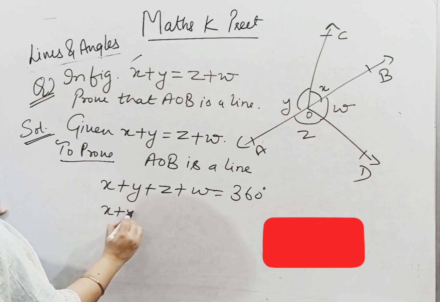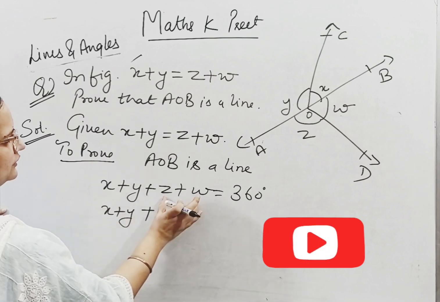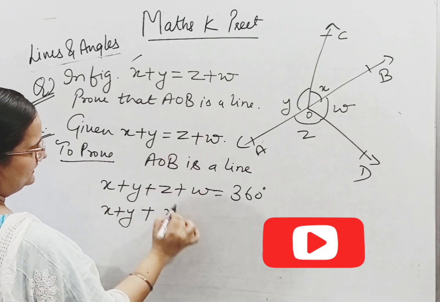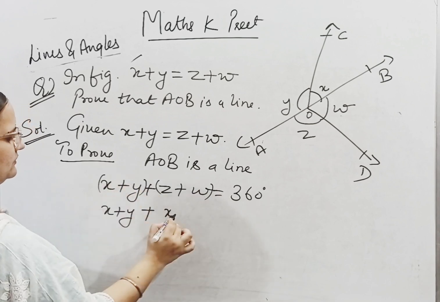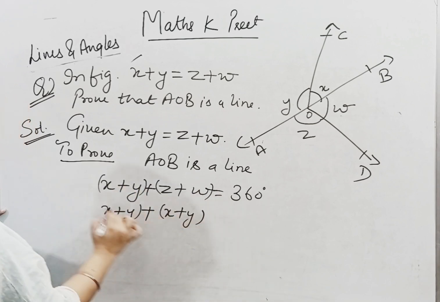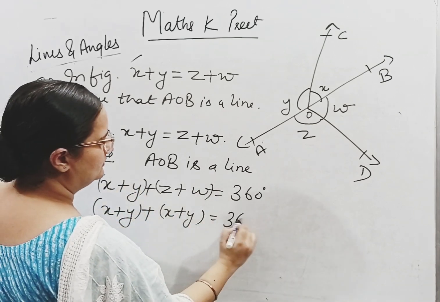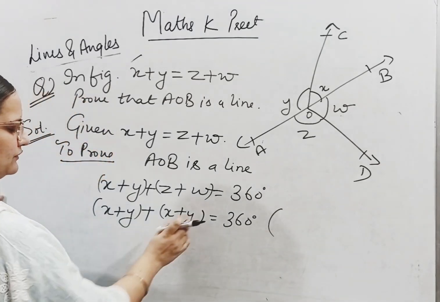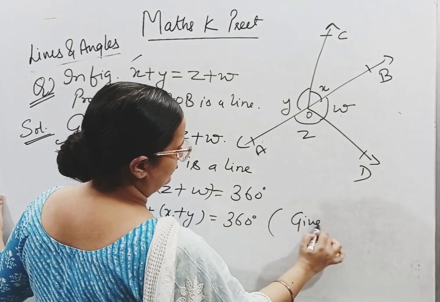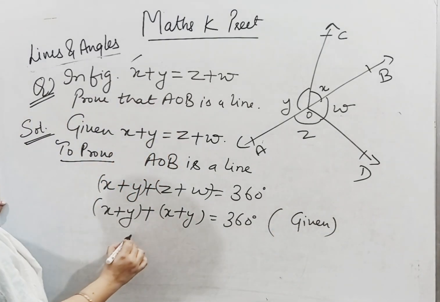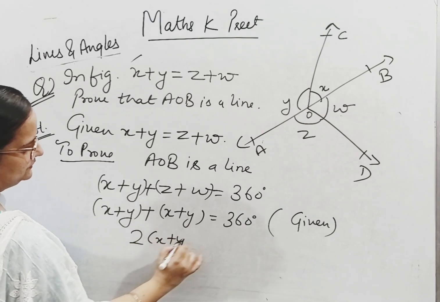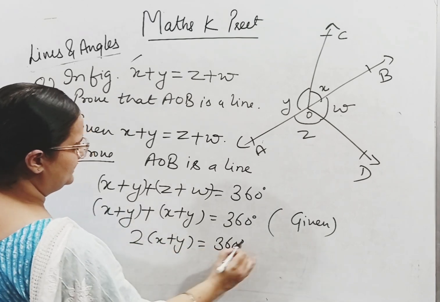So I can write this x plus y as such, and from here I can write this z plus w as x plus y. This is equal to 360 degree, which is given to us. So I can write this as 2 times x plus y is equal to 360 degree.